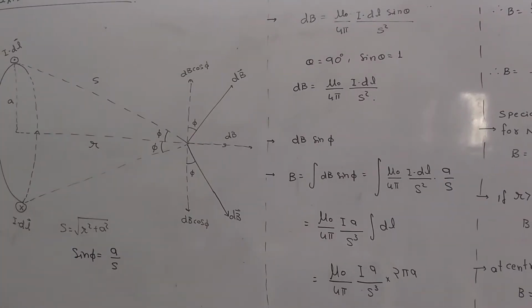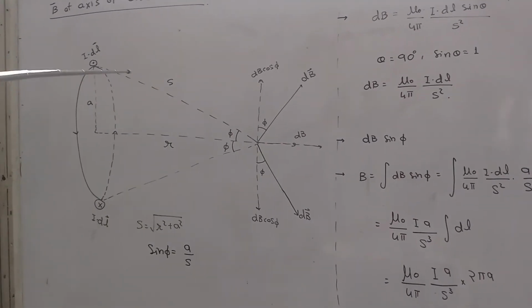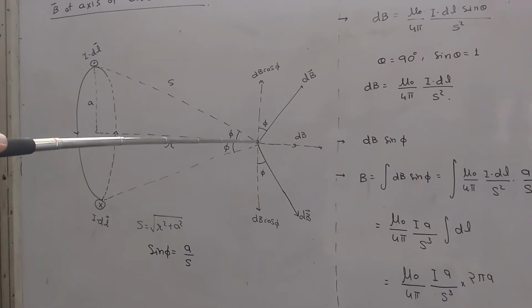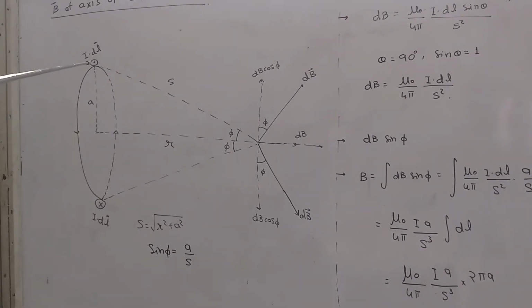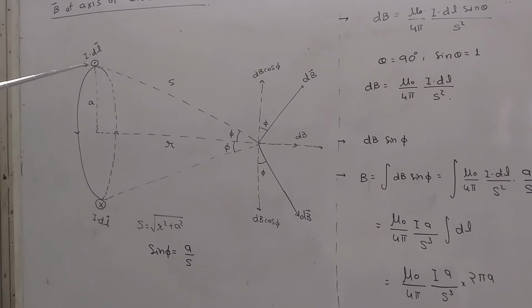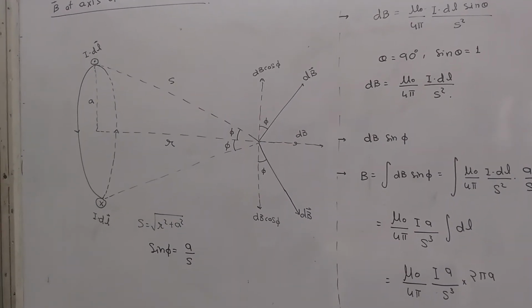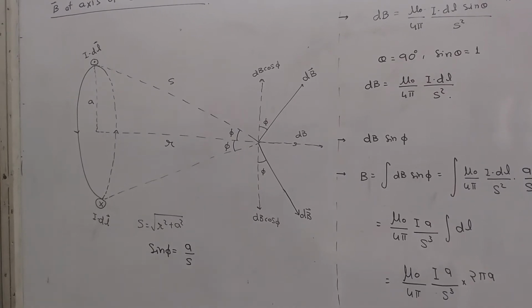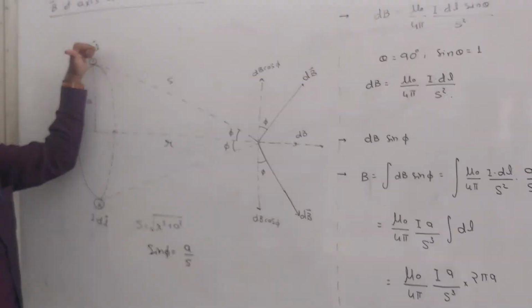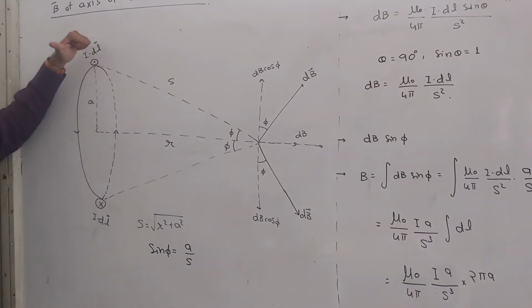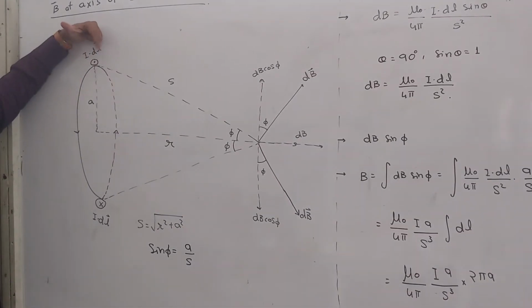So what is the direction of the current element at the top? It is outwards. What is the direction of vector S? It is this. So what is the angle between this outward current element and this? It is equal to 90 degrees. Should I show you this? Current is outwards. You can see this thumb indicates the direction of the current element.